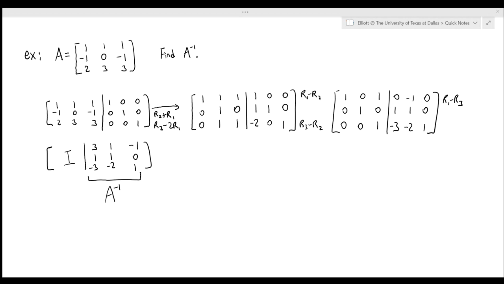So as an example, if I had something like 2, 0, 0, that means you would need to do an operation like 1/2 row 1 to get a 1 in that position, and in order to end up with an identity on the left at the end. So you might need to do these types of row operations as well during this process.